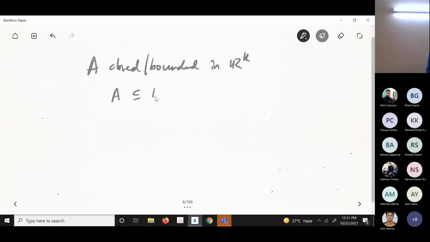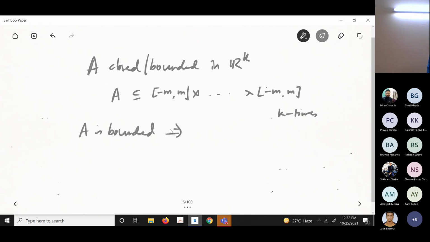Since A is bounded, look, A is bounded if and only if there exists M greater than 0 such that |xi| is less than or equal to M for all i from 1 to k.